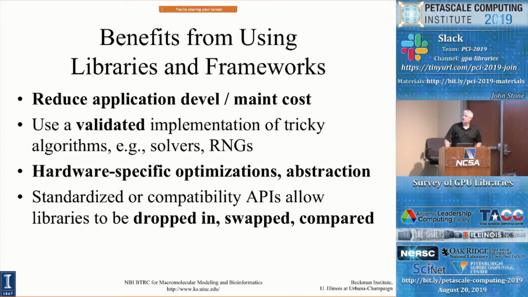Again, you can exploit hardware-specific optimizations. If you've been watching the news, you see in state-of-the-art CPUs and GPUs, we are now seeing new arithmetic units and extended instruction sets and things like this that many of you probably have never really looked at programming by hand yourself.